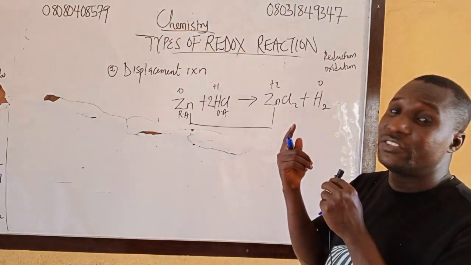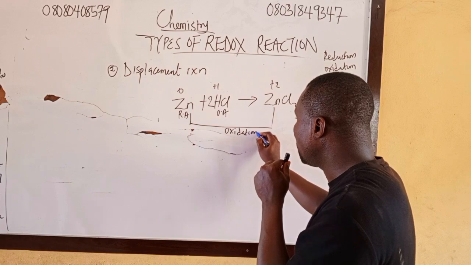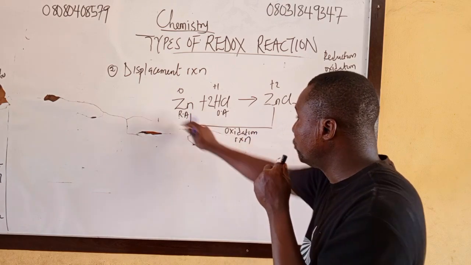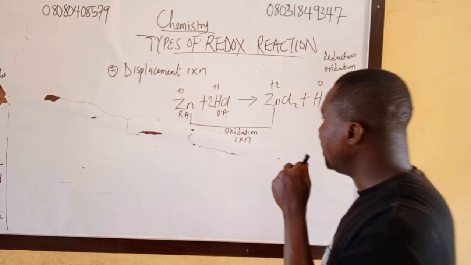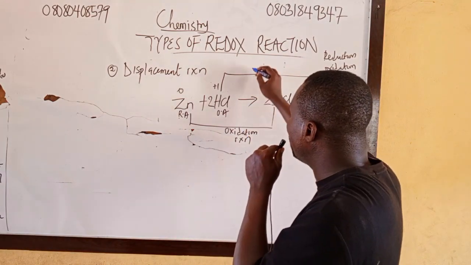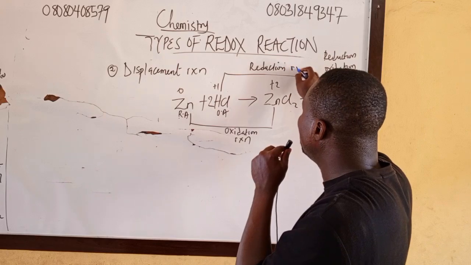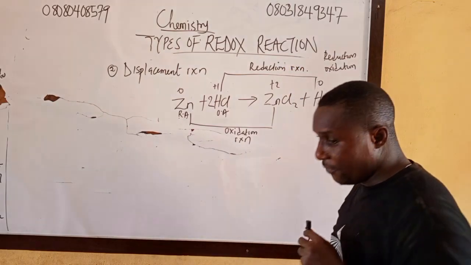When there's an increase in oxidation number, that is oxidation reaction. The reducing agent undergoes oxidation reaction. Then from this hydrogen to this hydrogen, what kind of reaction? Reduction reaction. Take note of that.